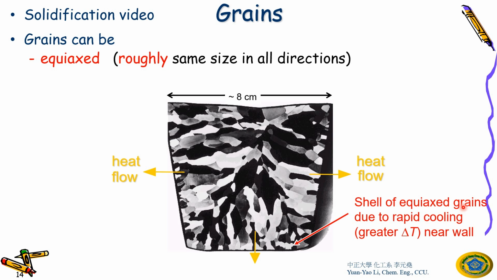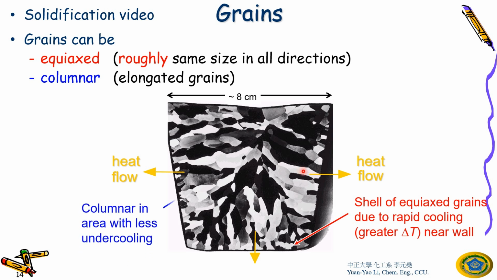But once time goes by, the grains grow in the direction which is easier to go. The direction of growth is perpendicular to the surface. That's why you have columnar grains. Columnar means elongated grains, long grains.